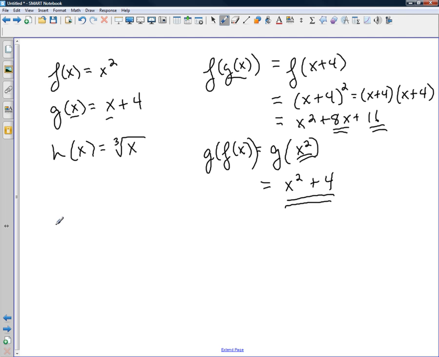And of course we can get very creative with these, so we can put them in different orders and say, how about h of f of g of x? Well, we already did f of g of x over here, and we said it was this.